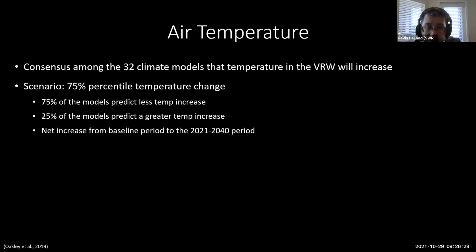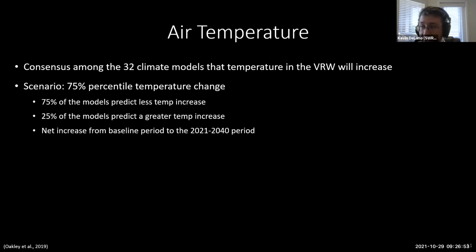This means that 75% of these 32 climate models predicted less temperature increase, but 25% of the models predicted a greater increase. So we wanted to go with a conservatively bad outcome. The authors of the climate change report supported this decision. And so we're looking at a net increase in temperature over the baseline period for the next 20 years, which we are in the first year of now.